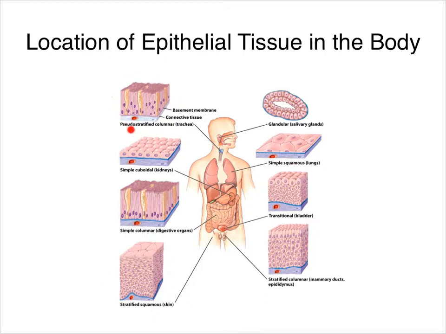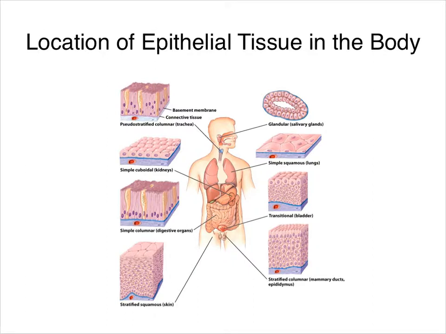Pseudostratified columnar cells are pretty specifically found in the trachea. And they are also a part of a mucous membrane, so you see these embedded goblet cells, and those are secreting mucus.